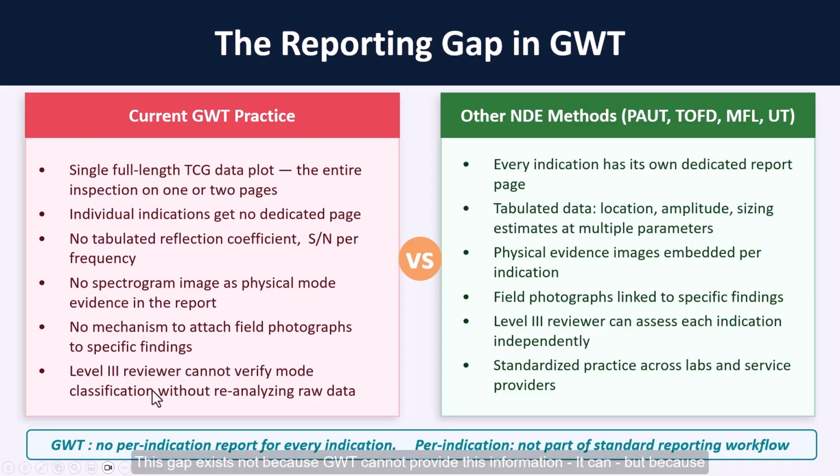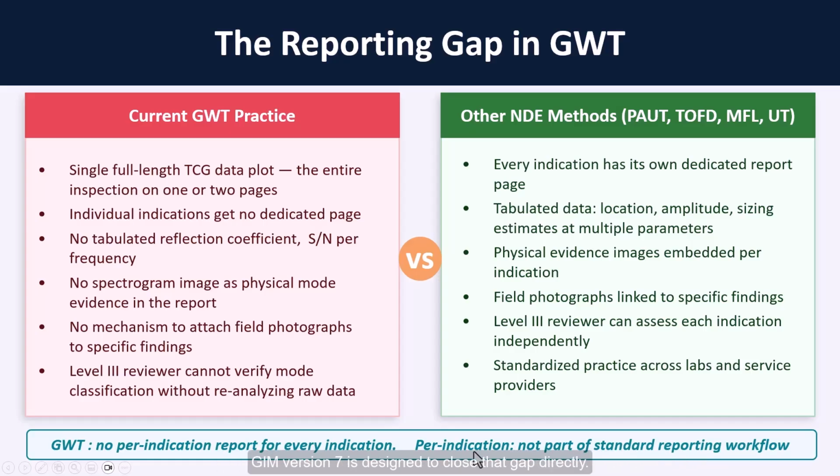This gap exists not because GWT cannot provide this information, it can, but because the software tools to generate per indication documentation have not been part of the standard reporting workflow.